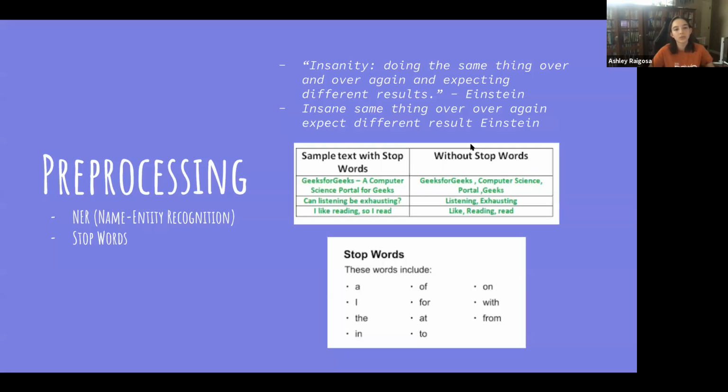So let's go directly into pre-processing using stop words, which I had mentioned before, like a, the, in, anything that's unimportant. And I have a sentence up here by Einstein, states, insanity, doing the same thing over and over again and expecting different results. You'll see below it, it says, insane, same thing, over again, expect different result, Einstein.